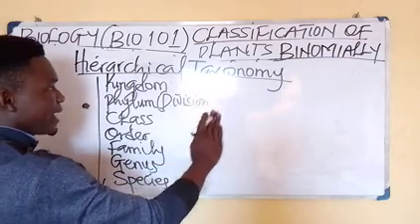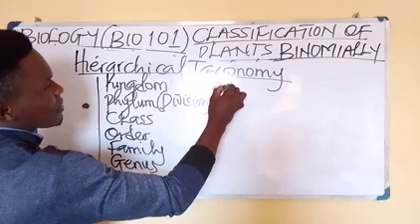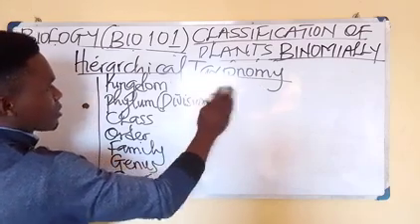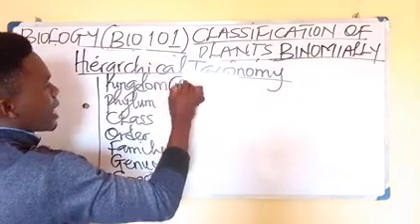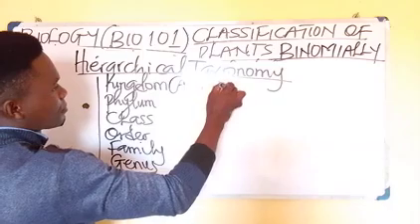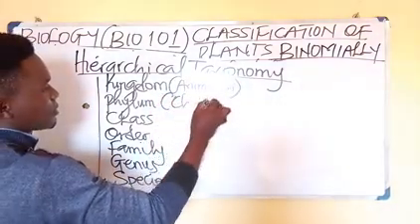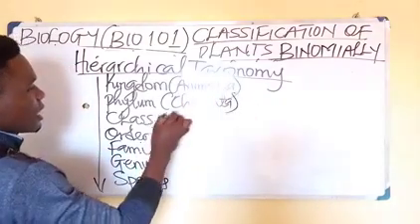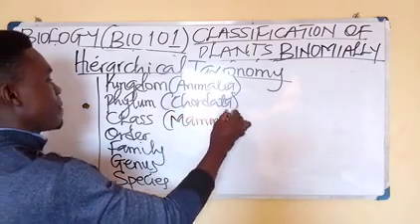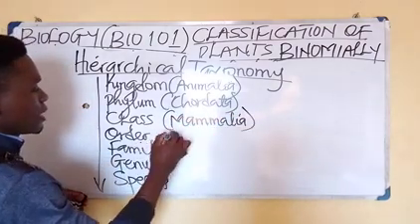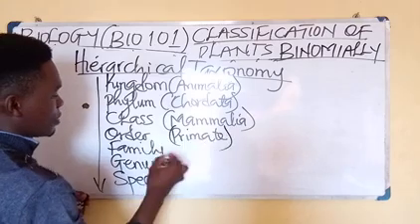So, kingdom: Animalia. Phylum: Chordata. All right. Class: Mammalia. Order: Primates. You see that?